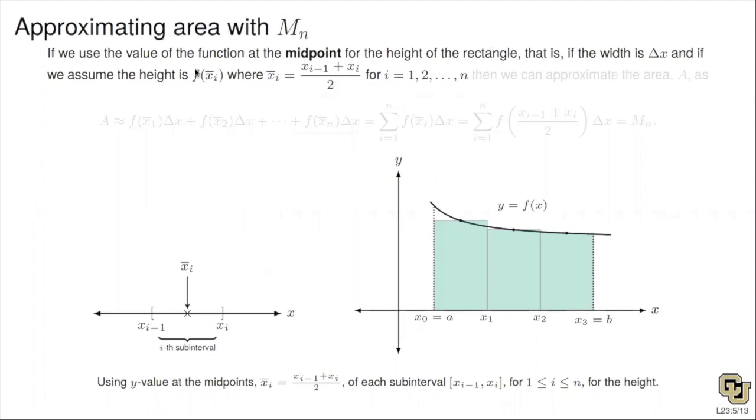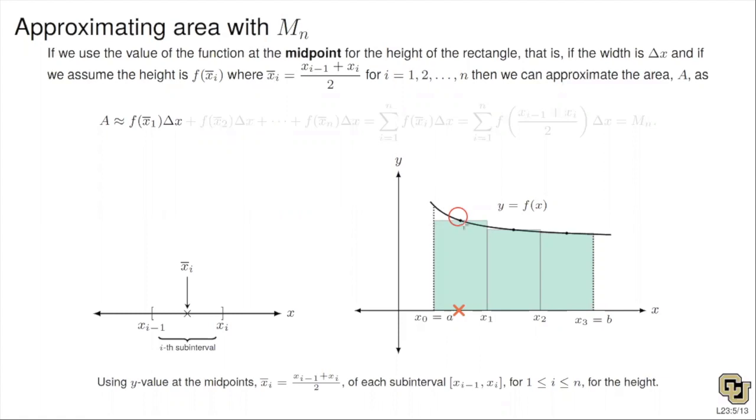So what we're doing, as you know, is, for example, taking the first subinterval, and I'm choosing the y value at the midpoint, which is right here, to be the height.